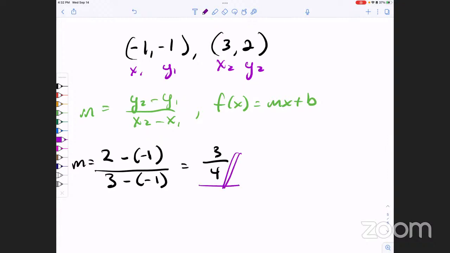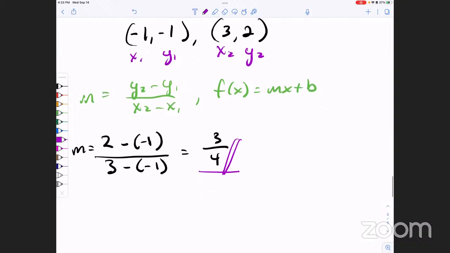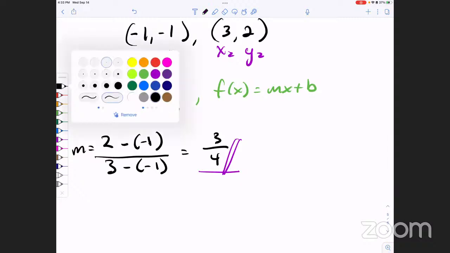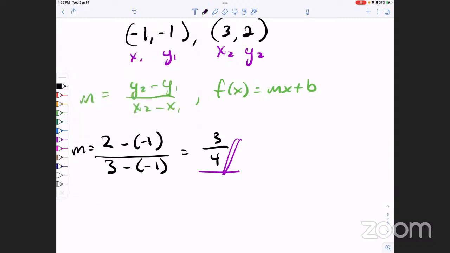Okay. They didn't give us our y-intercept, so we need to find it. I think I'm actually going to use the second point because I think that just looks a little bit more simple. So then my slope was 3 by 4. We're going to check it when x is 3. We're solving for our y-intercept, and the corresponding y is 2.